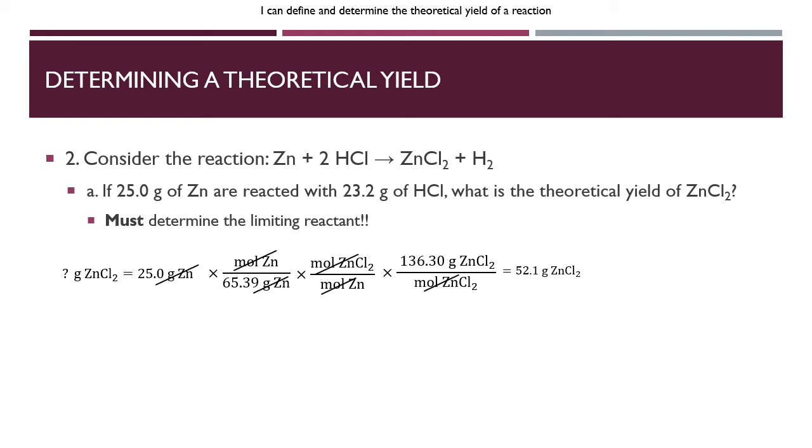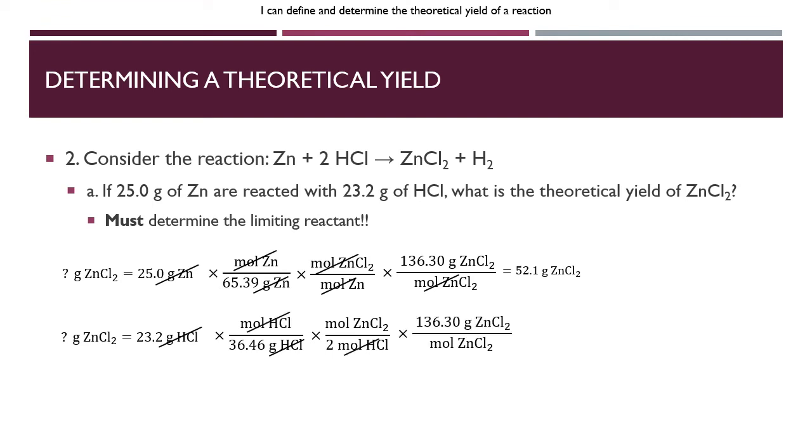I now do the same thing with the other reactant, the hydrochloric acid. I want to know what mass of zinc chloride can be produced from 23.2 grams of the HCl. So again, doing a gram, mole, gram problem, same as we've been doing for a while now, I get 43.4 grams of zinc chloride.